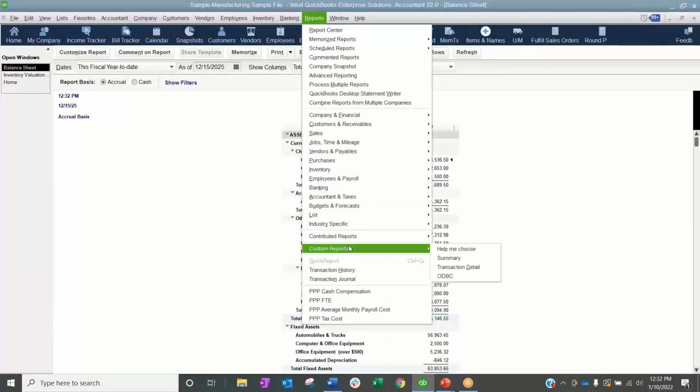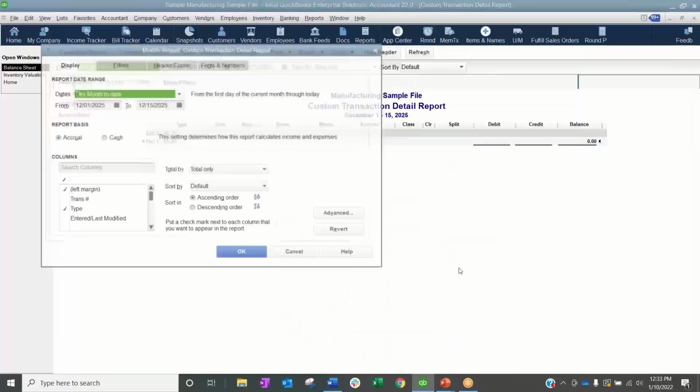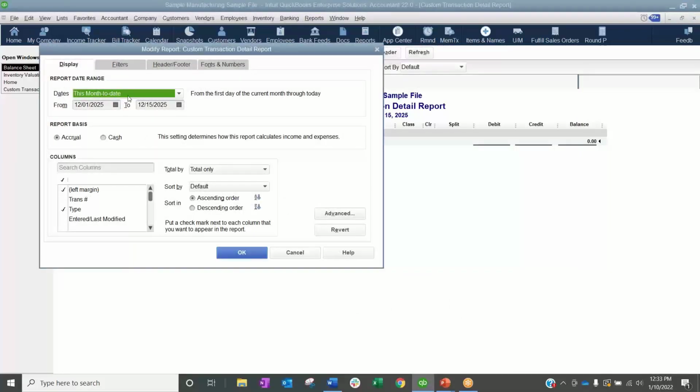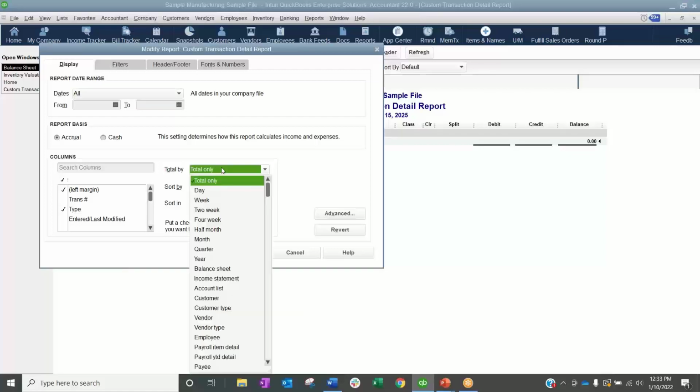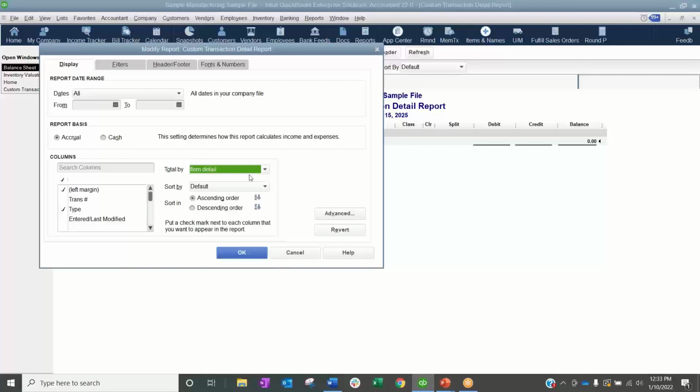So if I come down to my custom transaction detail report, what I want to do is look for all time. I'm looking forever in history because that's what the balance sheet does for me. I want to total my accounts by item detail. When you total by item detail, it's literally going to total by each individual item on the balance sheet.